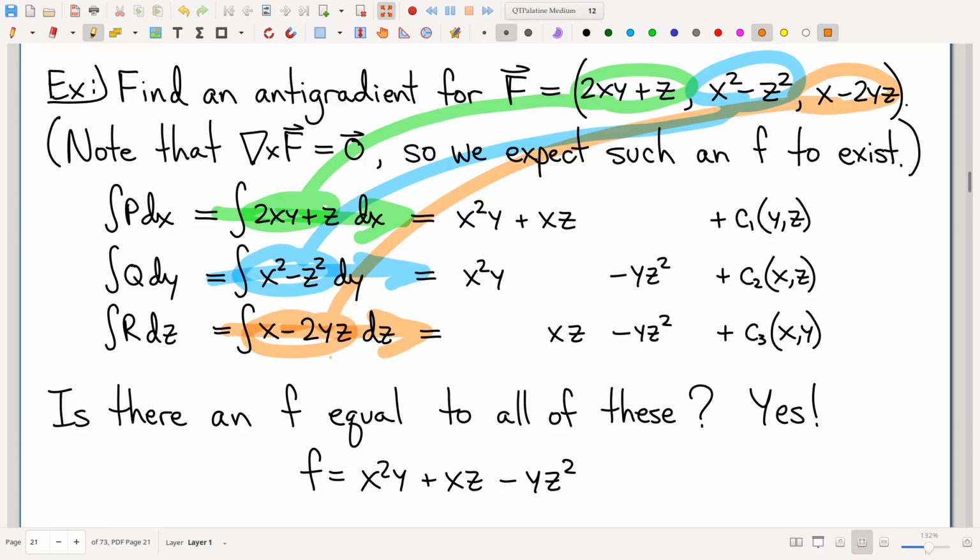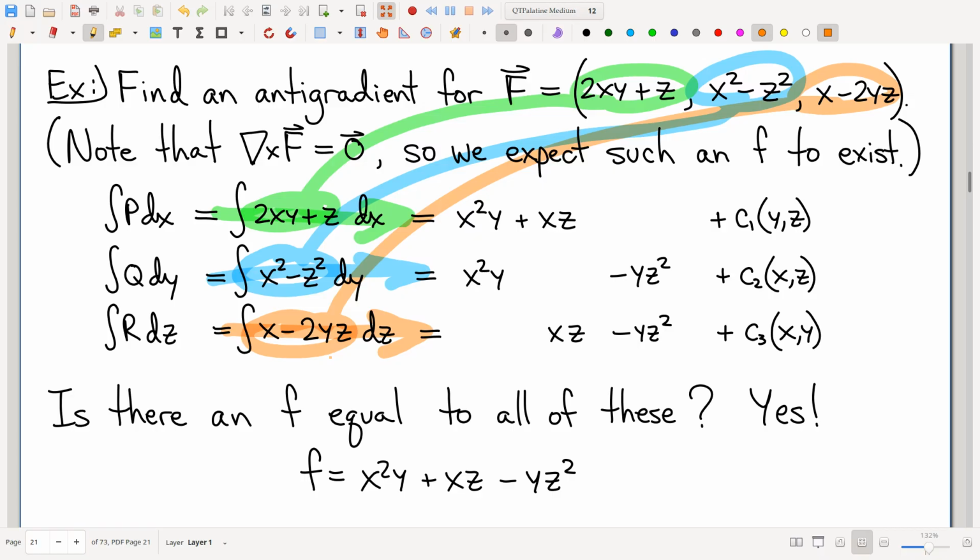Now the calculus on that, when you're taking antipartials, is just like antiderivatives. The only tweak is, don't forget, one of the variables is a variable. The other two variables, you treat them as constants, because we're talking about partial derivatives, not single variable derivatives.